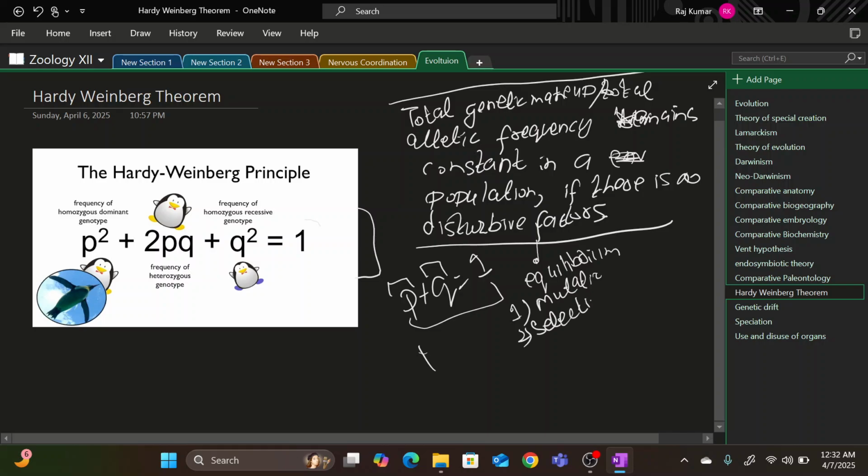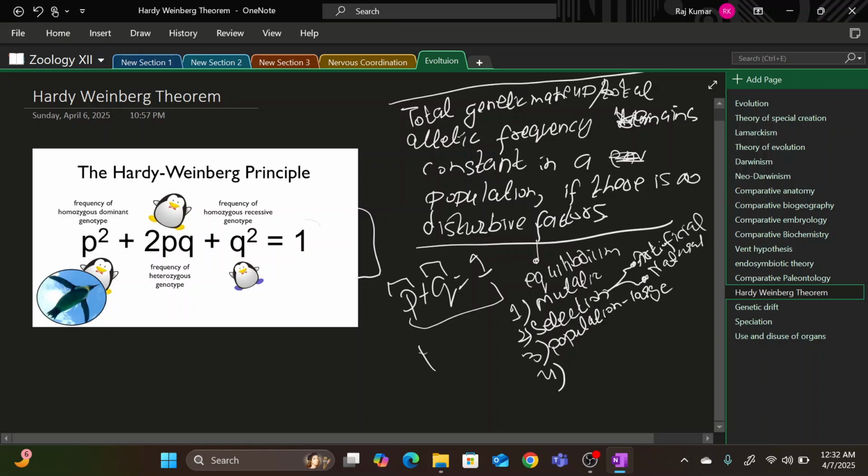What I mean by selection is any selection of particular traits, such as by artificial breeders, or natural selection by nature. And third is population size. There should be a large population for the Hardy-Weinberg theorem.